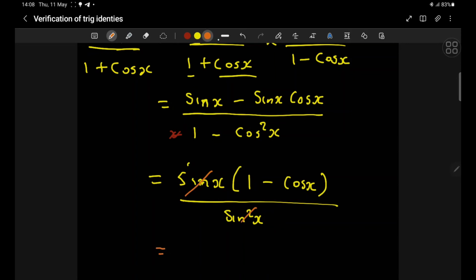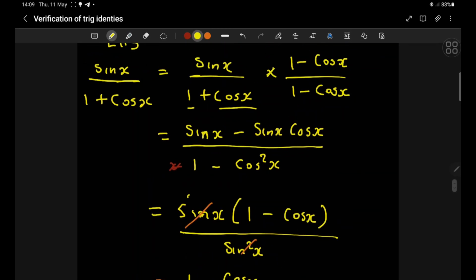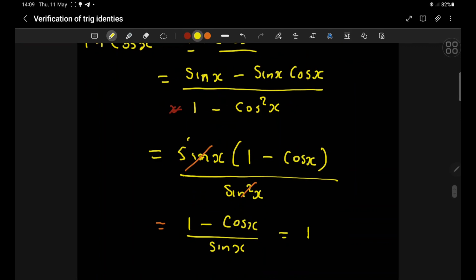So we'll have 1 minus cos x over sine x. And this is equal to the right hand side. We verified it. So all the concepts we're looking at are coming into play as we solve. One key thing I'll encourage you is to get to know the fundamental identities and then practice as many questions as you can for you to be fluent at solving them.